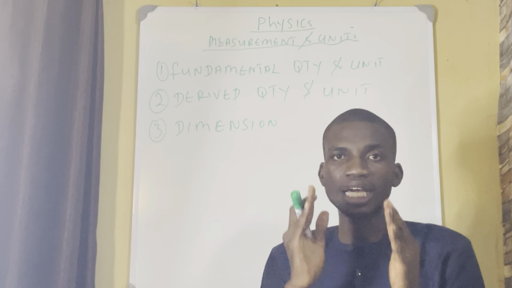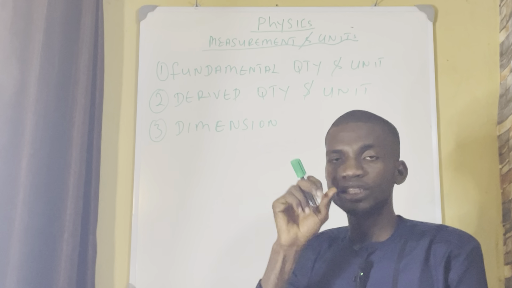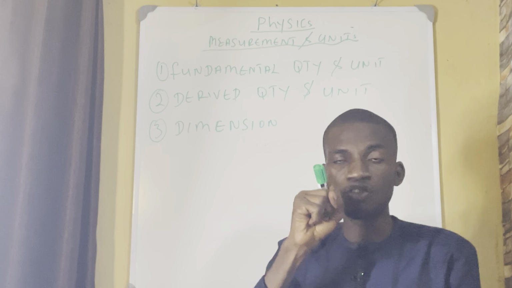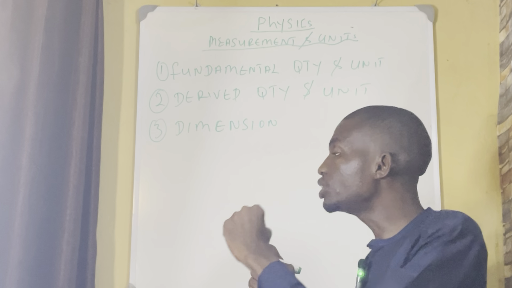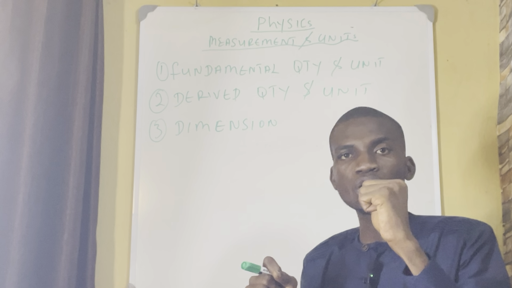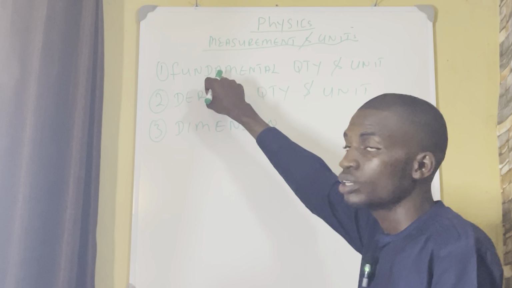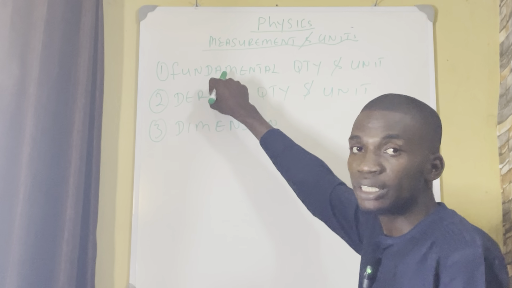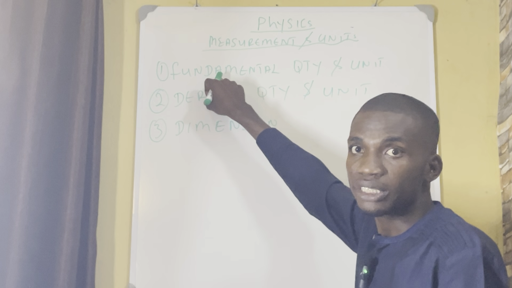So I want you to understand that fundamental quantity is the foundation of a building. If you know that, you will do well in your exam. The coding is that fundamental quantity is the foundation upon which other quantities depend. All these derived quantities are gotten from fundamental quantity.